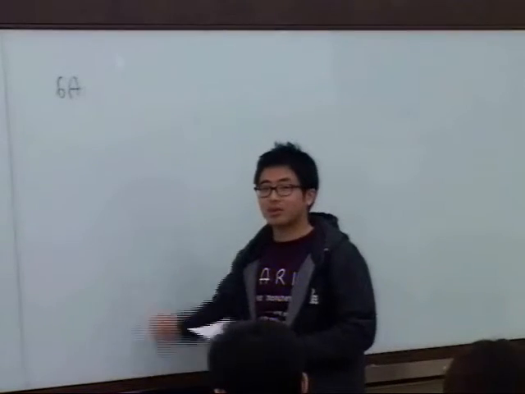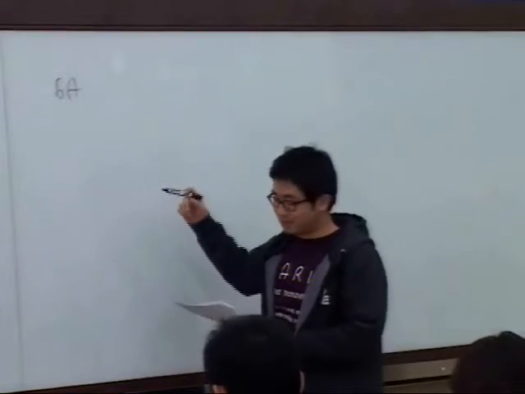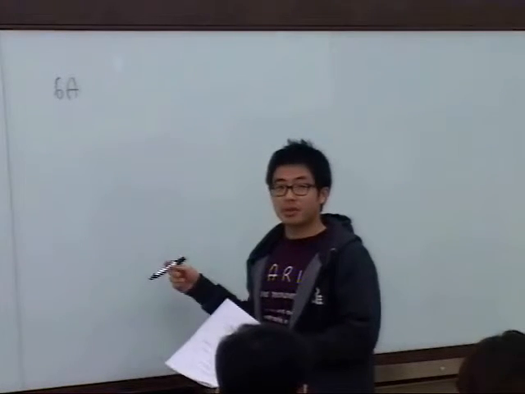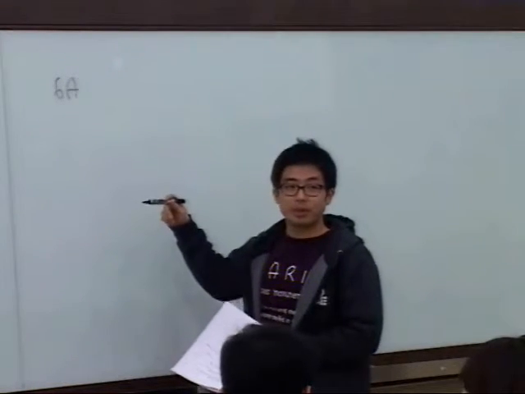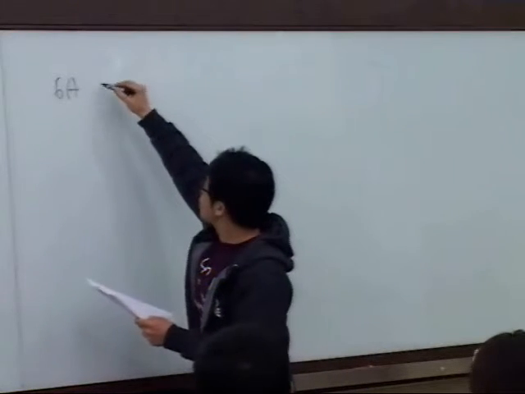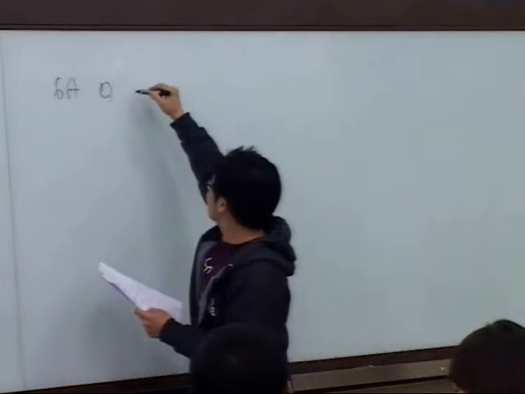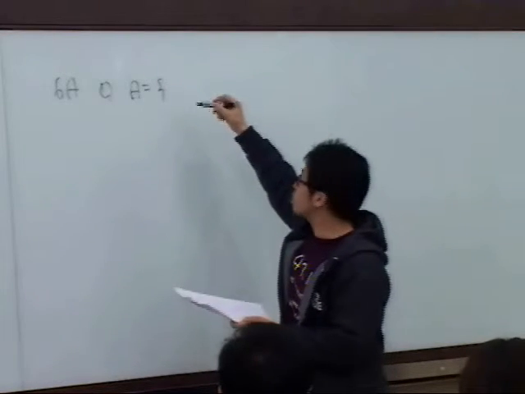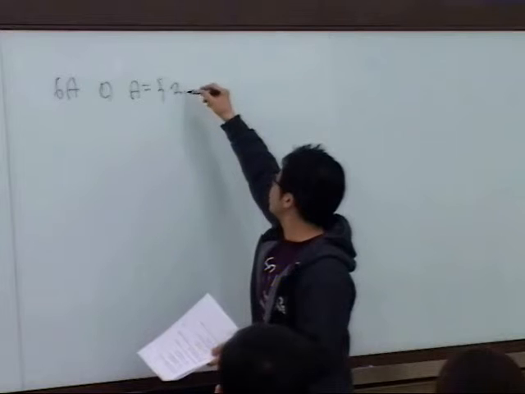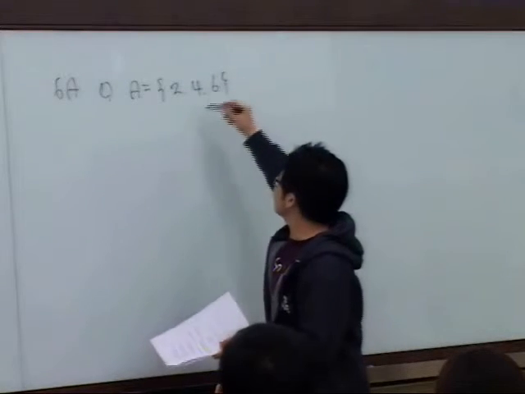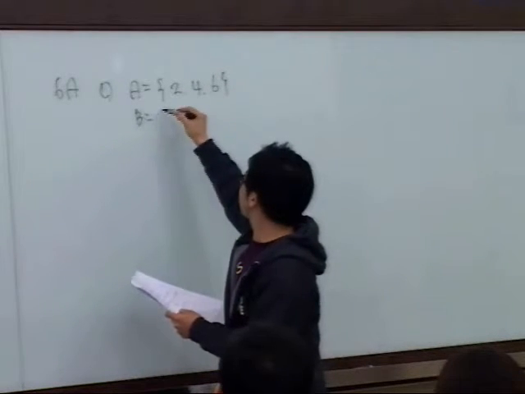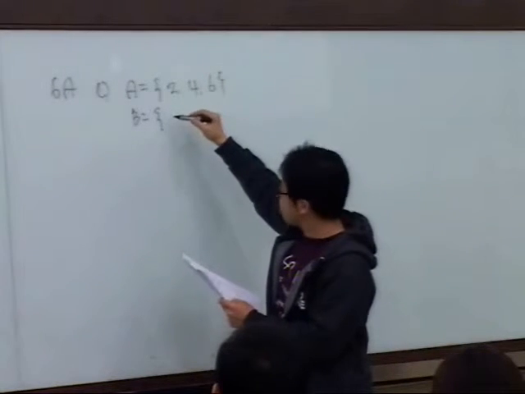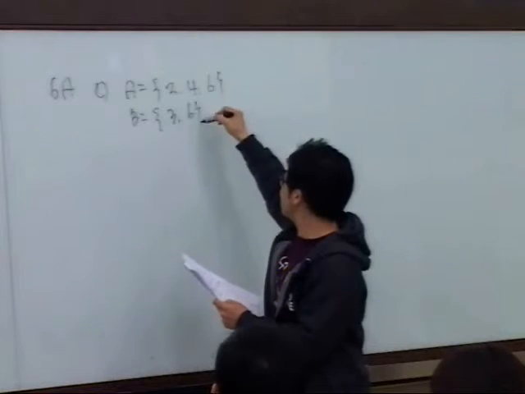Okay. This is a very simple problem. We just have to find the probability of the intersection of events A and B. Event A is an even number, so event A is described like this, and event B is a number divisible by 3, so event B is 3 and 6.